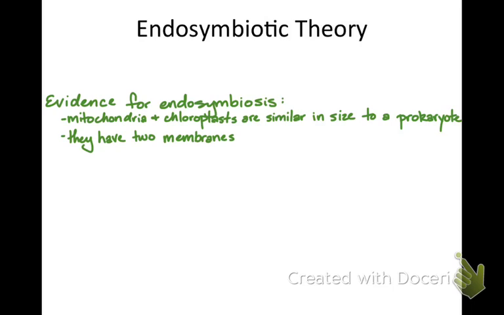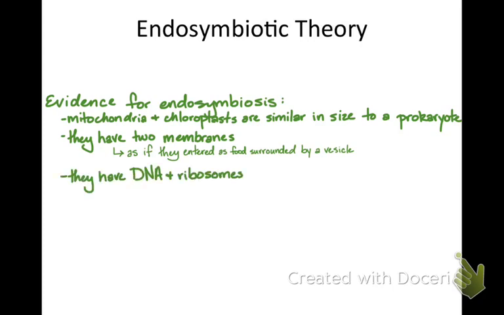So they also have two membranes, so that makes us think that they might have been ingested by an early prokaryote. One prokaryote eating another was very common, but in this case they might have stuck around and not been consumed. They have DNA and ribosomes just like an independently living creature, and they can divide all on their own.